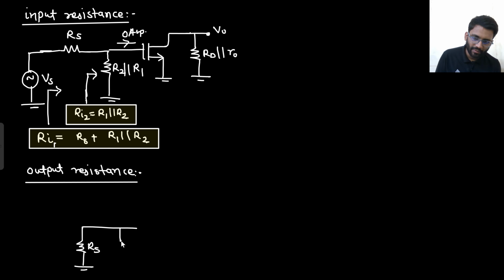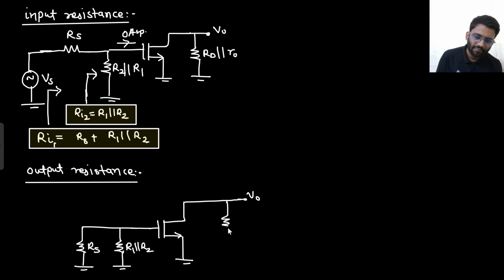From here, this R1 parallel with R2 will be shorted. This is your V0 and this is RD parallel R0.